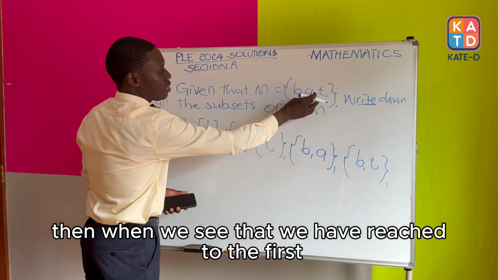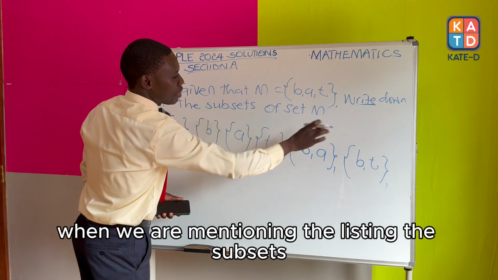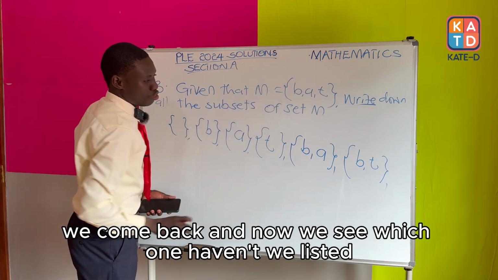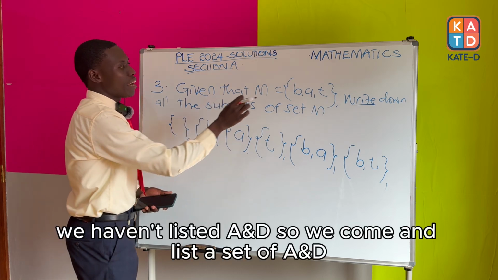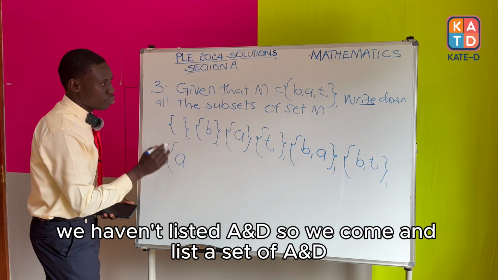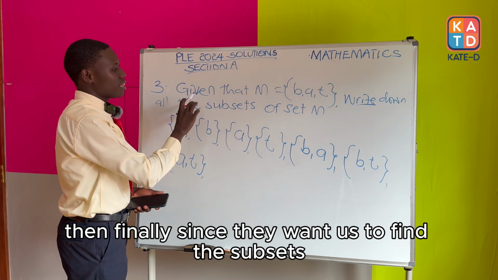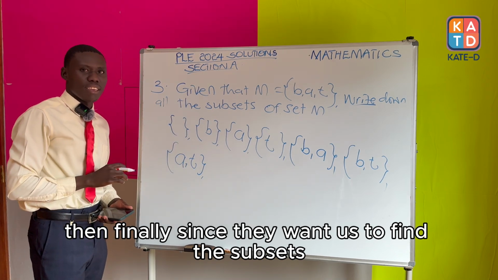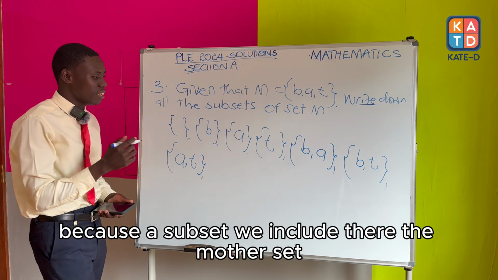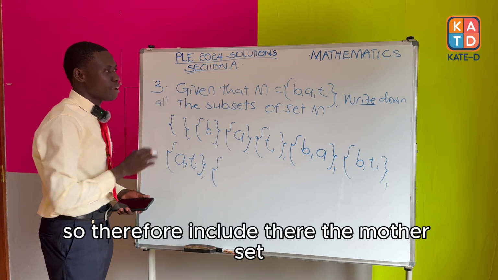When we reach the last one, we come back and see which one we haven't listed. We haven't listed {A, T}, so we list it. Finally, a subset also includes the mother set.